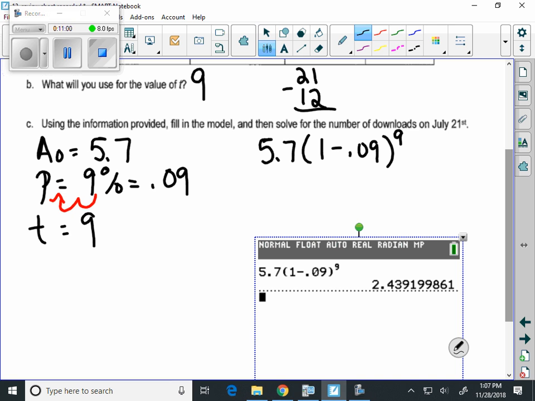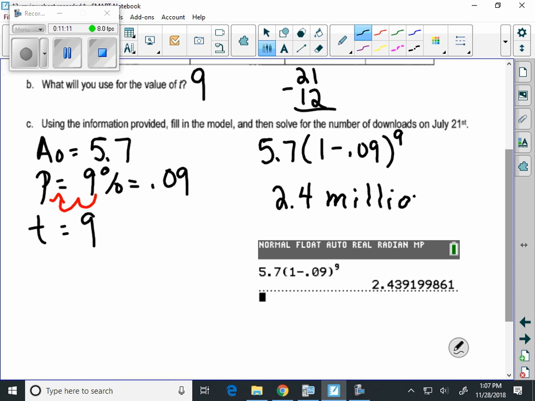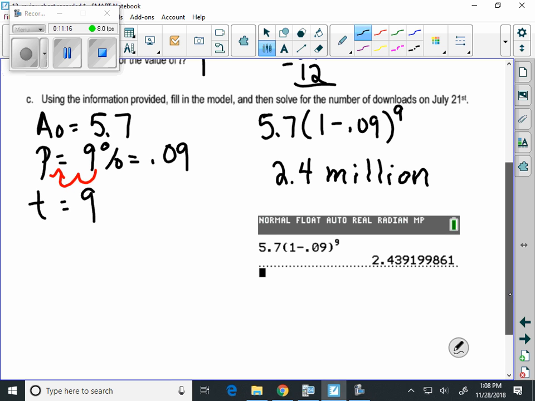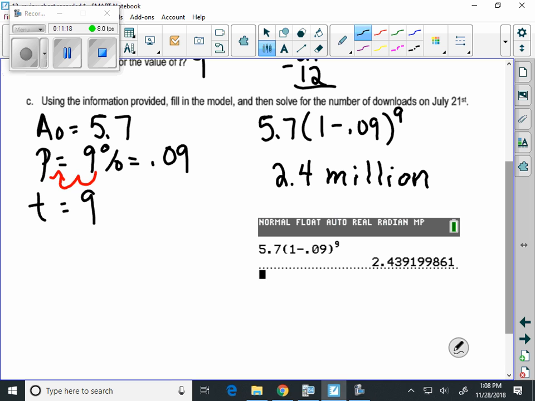So for me, when I read this, I say 2.4 million downloads because it says to the nearest whole number, so actually I need to go even a little bit more, but 2.439199861 million is what I get, and actually 2.4 million is really to the whole number. That's 2,400,000.